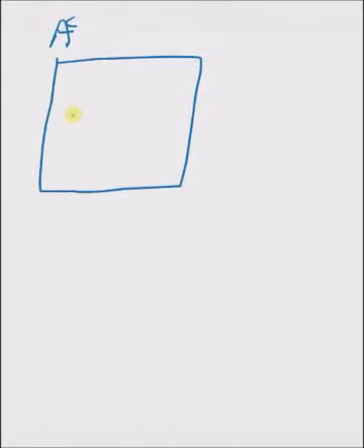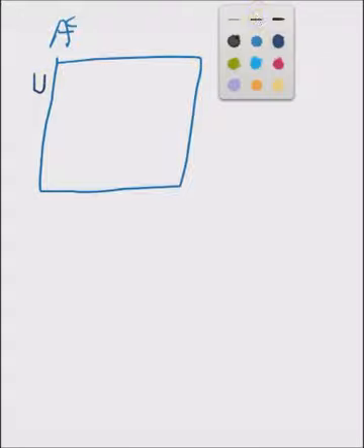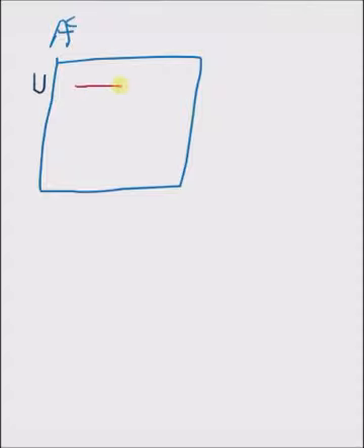Consider a universal set U and another subset of this one, which is A. This is A. Then everything that is in the universal set but not in A is the A complement.